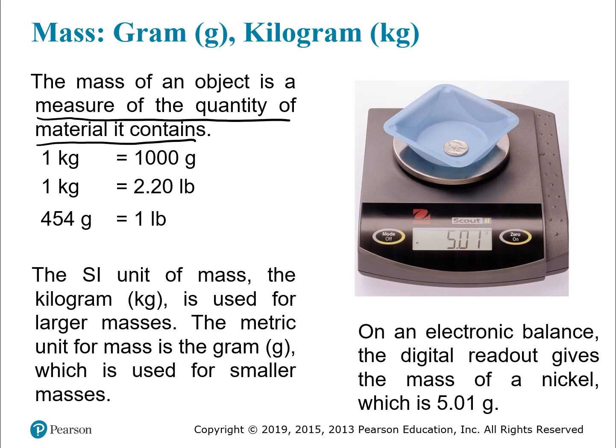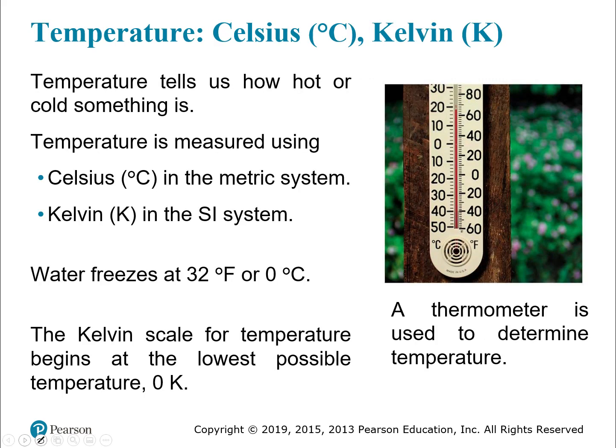But if you're getting the mass of a person, you're going to use the kilogram, which is the SI unit of mass. Typically in the lab, you're going to be using an electronic balance, and it's going to give you a digital readout, probably in grams. For all intents and purposes, grams are going to be a lot more useful to you than kilograms because you're using much smaller amounts of things.